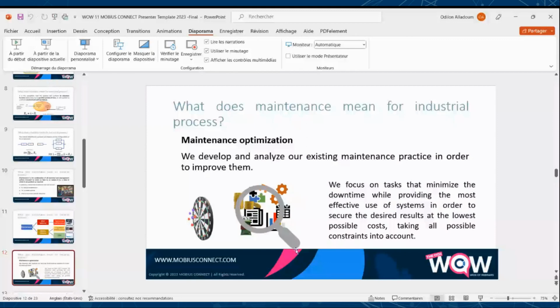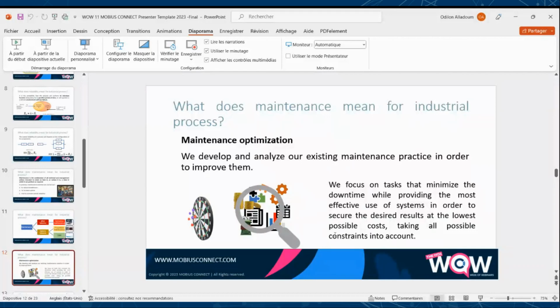The results of our analysis will lead us to decide on what to remove, what needs adjustment, and what to keep in place. In summary, we focus on tasks that minimize the downtime while providing the most effective use of our system in order to secure the desired results at the lowest cost possible.